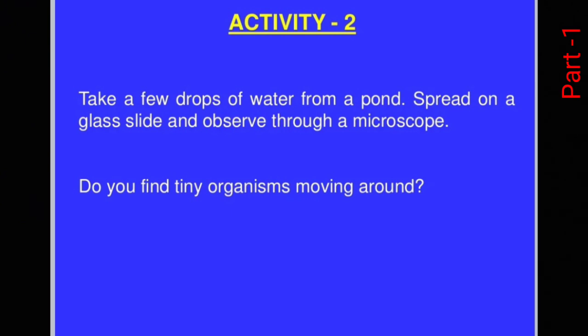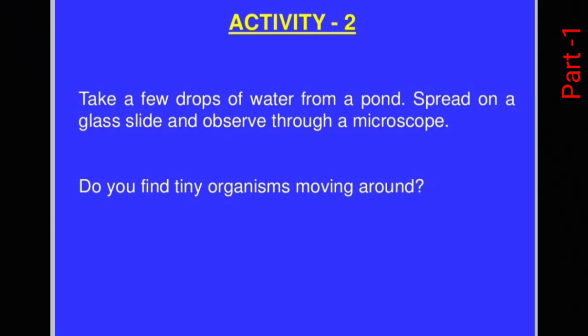Now coming to activity 2, this you can also perform very easily. You have to take a few drops of water from a pond, then spread them on a glass slide and observe through a microscope. So what will you observe? You will find very tiny microorganisms which will be seen moving around.